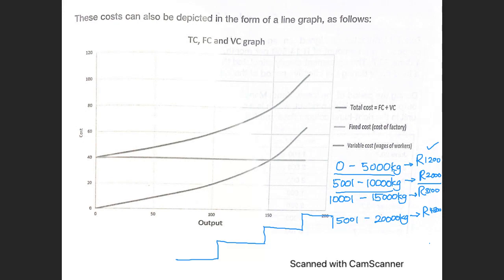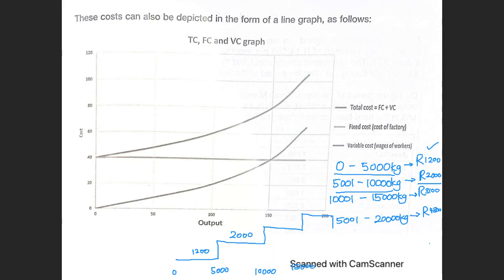So like we saw here, it was 1,200 if it was between 0 and 5,000 kgs. Then from 5,001 up until 10,000 kgs, it had increased to 2,000 rand to hire the truck. Then again, from 10,000 to 15,000, it increased.